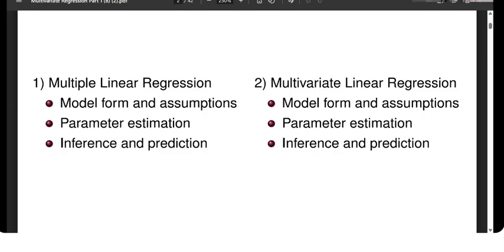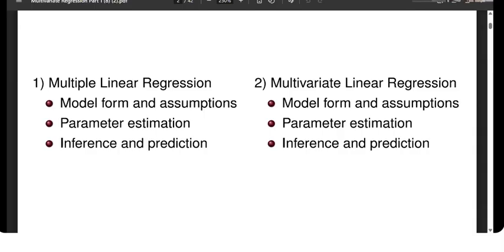There's a difference between when I want to make an individual prediction and when I want to make an average prediction. I'm also going to walk you through the uncertainty around that. I'm going to walk you through the interval estimation that has to do with individual prediction and the one that has to do with average prediction.